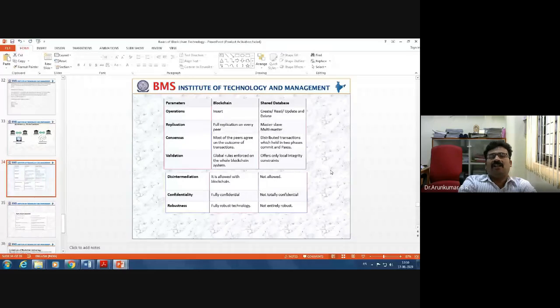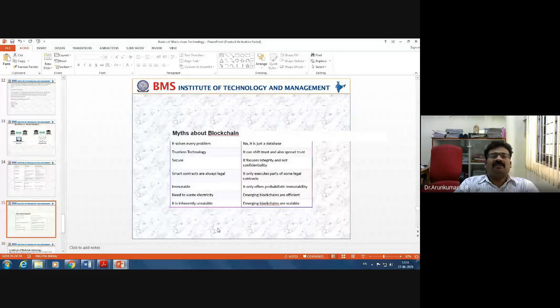Confidentiality in blockchain is fully confidential. In case of a shared database, not totally confidential. Robustness: blockchain is a fully robust technology, but shared databases are not entirely robust. These are some of the things which give the comparison of the blockchain with the shared database.